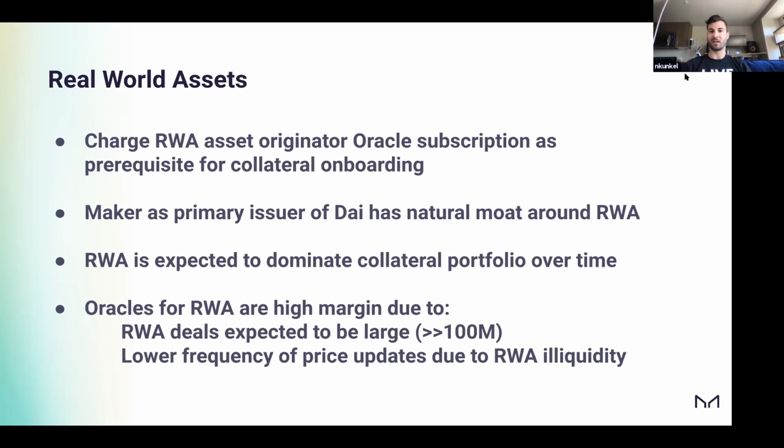Because of the frequency of those updates, and because of the liquidity that RWA is expected to have, the cost to operate that Oracle, at least from an on-chain transaction perspective, basically converges to zero. It basically converges to being quite insignificant.